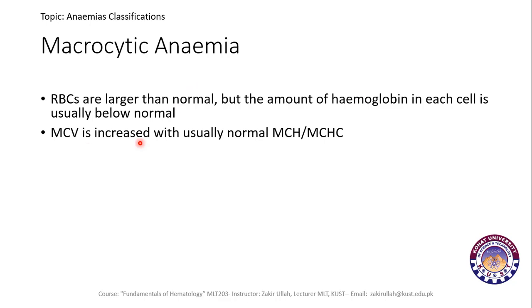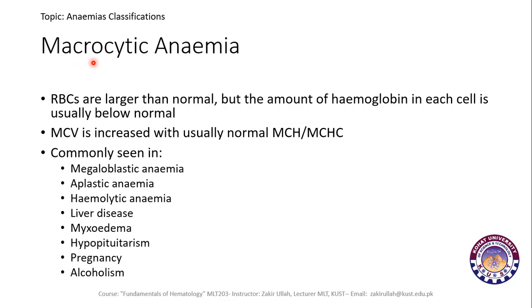In this condition, among the red cell indices, the mean cell volume is increased, and the mean cell hemoglobin and mean cell hemoglobin concentration are usually within the limits.